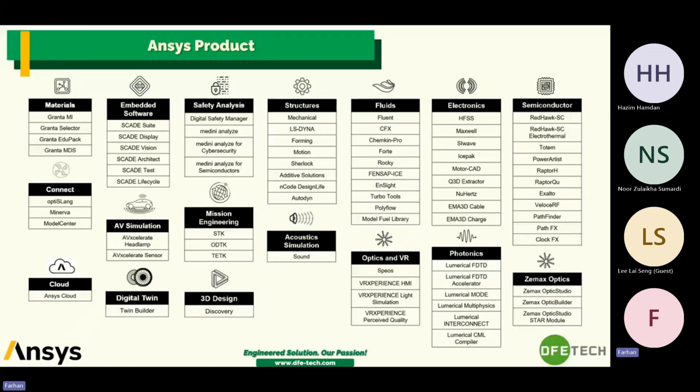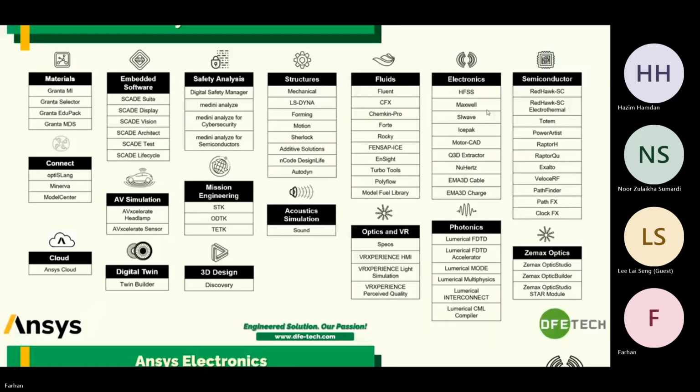So if you can see in the slides, these are all the products that we support, and mainly structure, fluid, and electronics. So for today, we're going to talk about using HFSS under electronics.